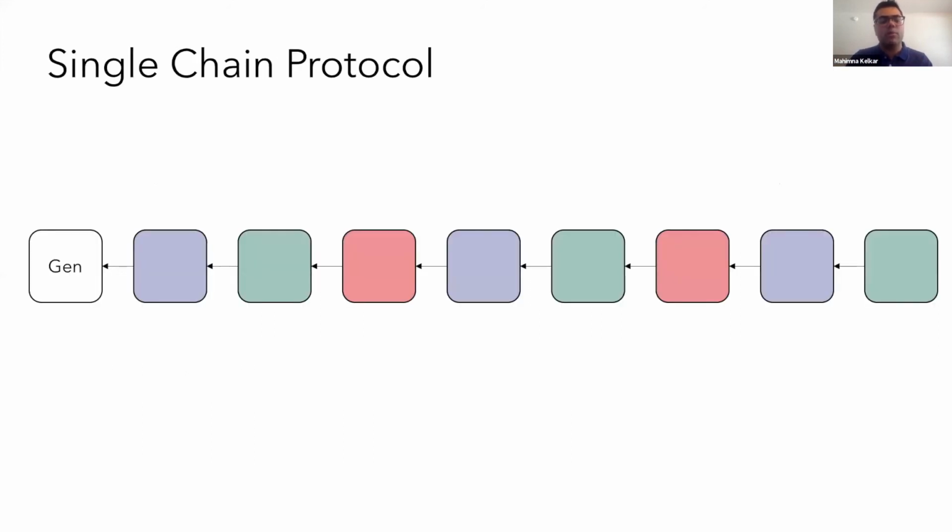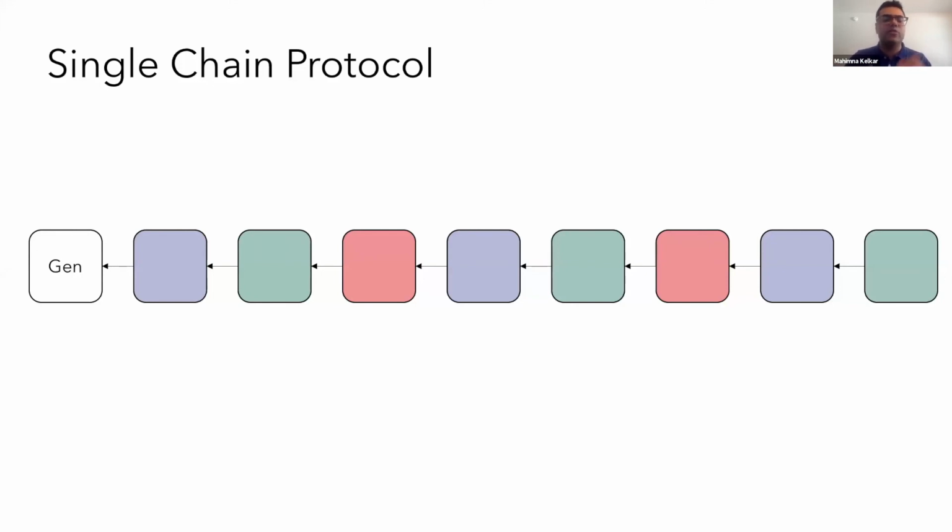So I'll show a couple of protocol designs that we have in the permissionless setting. I'll start with this very intuitive single chain protocol where all of the nodes will mine a single proof of work chain. And the core idea where we take these D transaction orderings is to modularize this chain into D chains, and each of these will represent a transaction ordering similar to the permission setting.